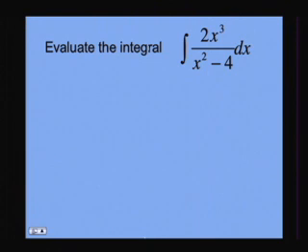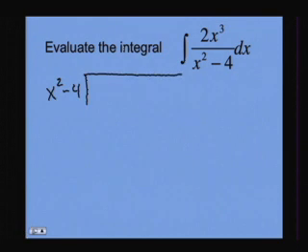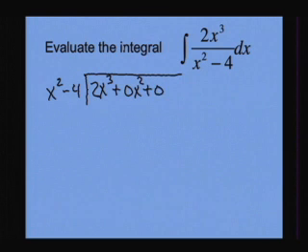So the first thing that we need to do in this case, when we recognize that the degree of the numerator is greater than the degree of the denominator, is a long division of x squared minus 4 into 2x cubed plus 0x squared plus 0x plus 0.